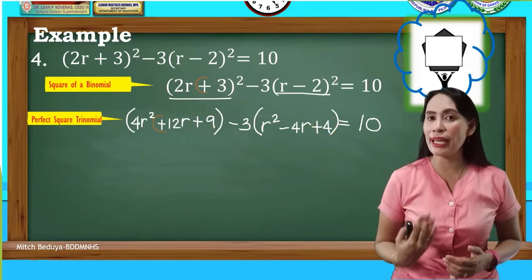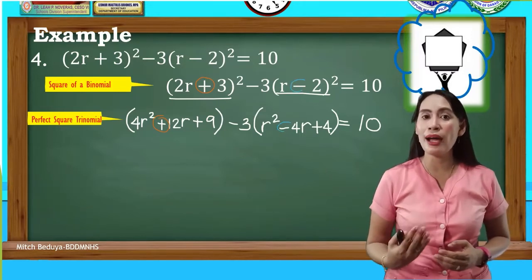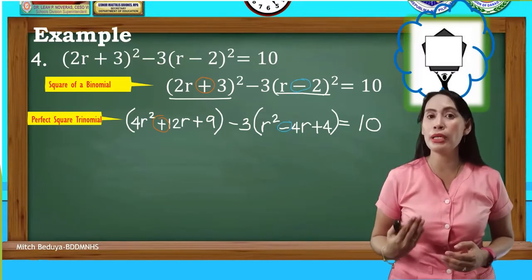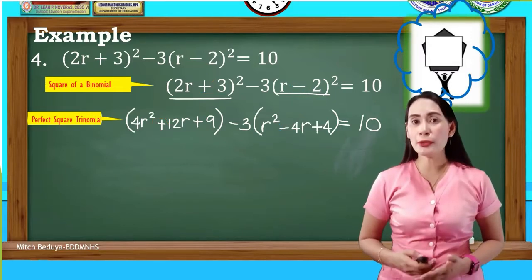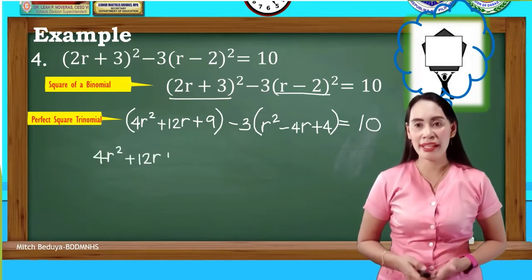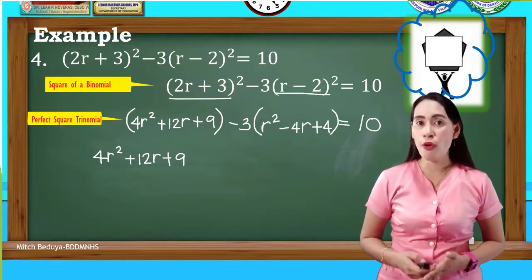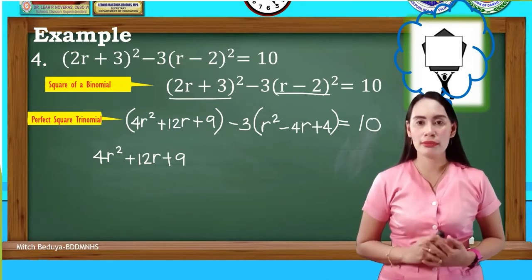Then the sign of the second term of the perfect square trinomial depends on the sign of the given binomial. These two expressions become 4r squared plus 12r plus 9, and the other r squared minus 4r plus 4.